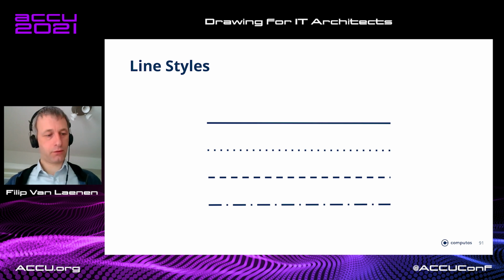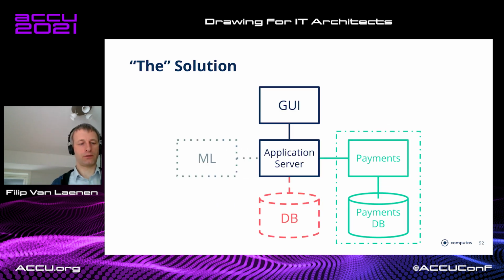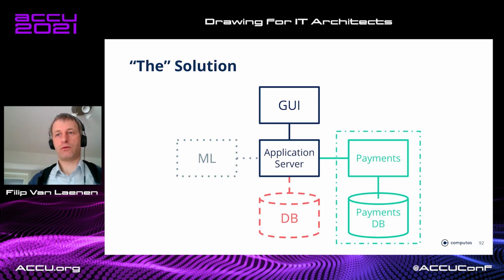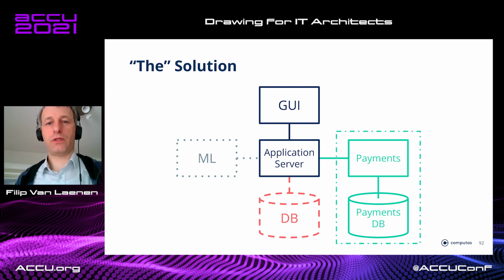You can use solid lines, which is default, but you can also use dashes and dots. And the one at the bottom, dash and dot, people will often perceive this as something marking a border or something, like a secured zone. So this could be a solution.